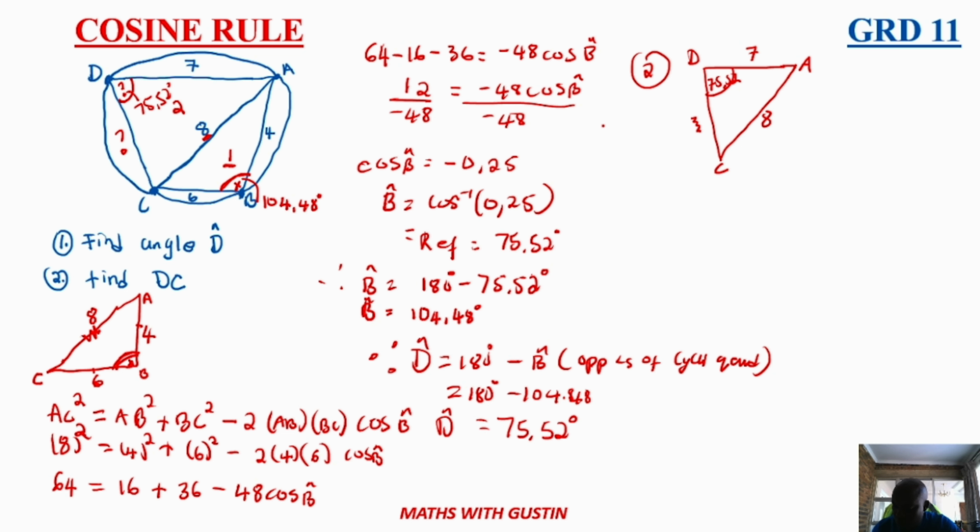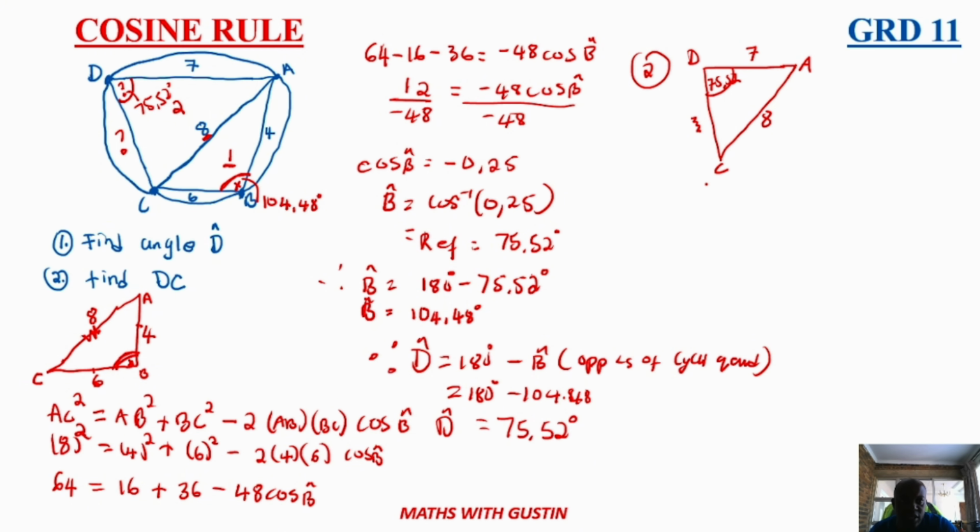So this is what we will do here. Let me double check myself here. Yes, we are looking for this side here. Okay, so this is what we will do in this instance.